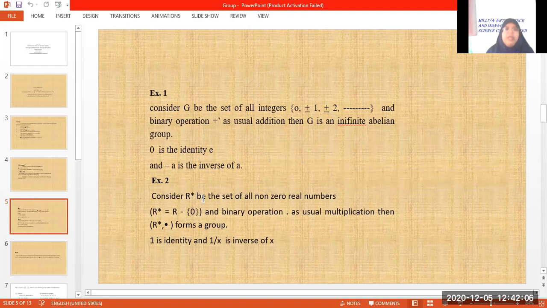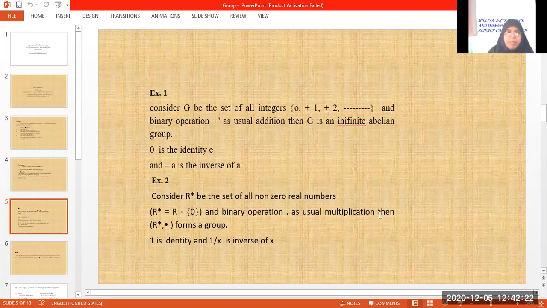Next example is, consider R star, the set of all non-zero real numbers, that is R star is equal to R minus 0, with the binary operation dot as usual multiplication.